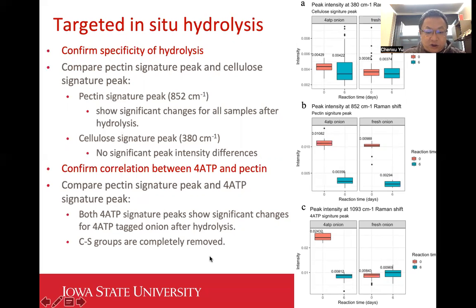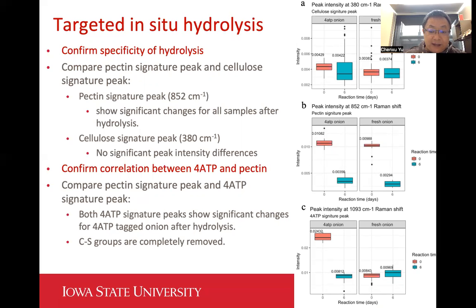And here shows the difference for the 4-ATP peaks. Again, this is 4-ATP labeled pectin. This actually is a specific pectin peak that we're using here.